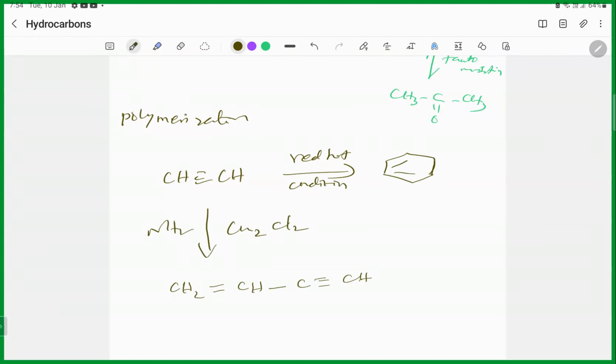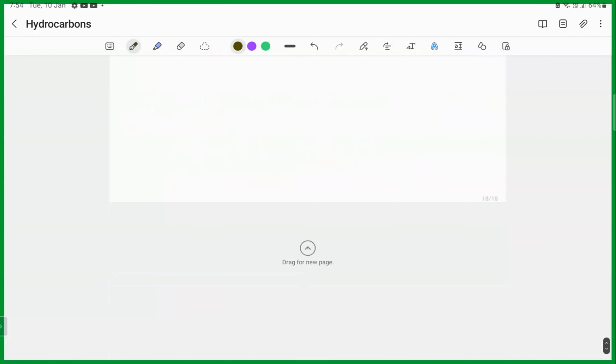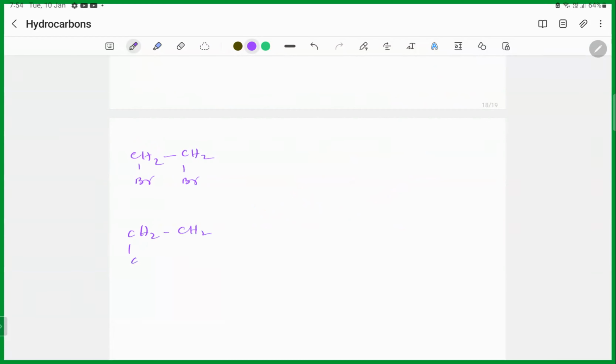So now we can generalize, as with alkanes, the methods of preparation. CH2Br Br, CH2 CH2 Cl Cl, just so that you remember it like that.